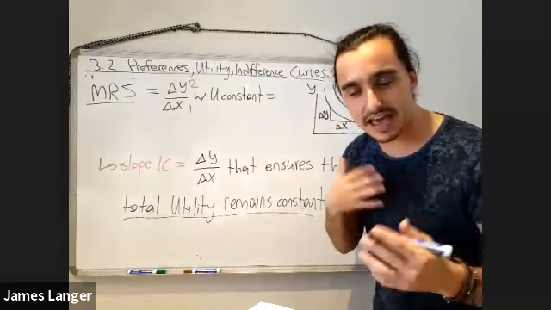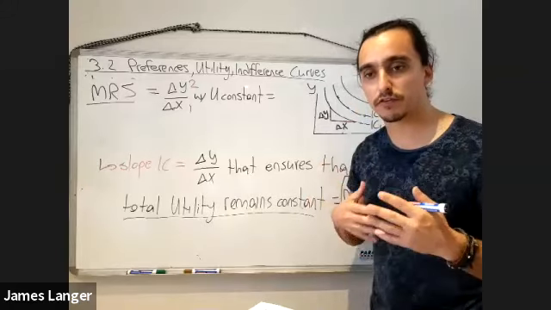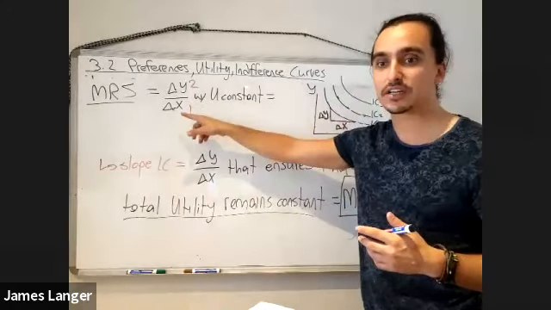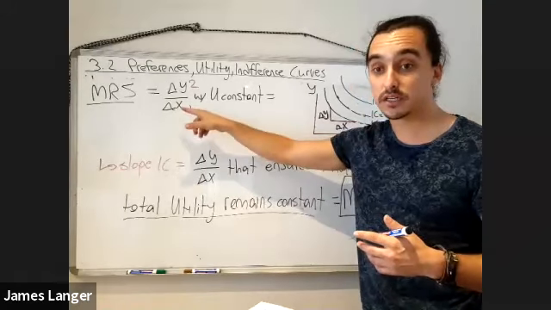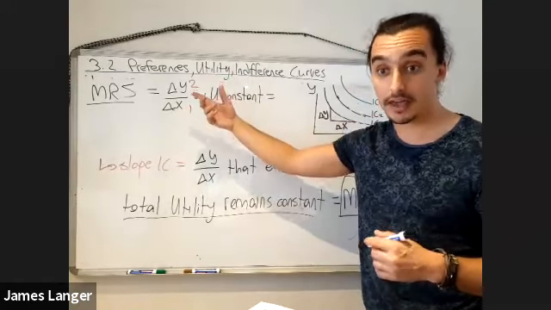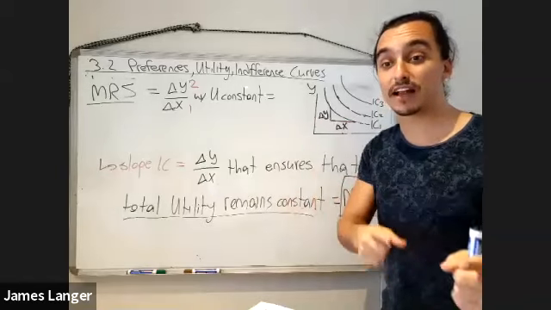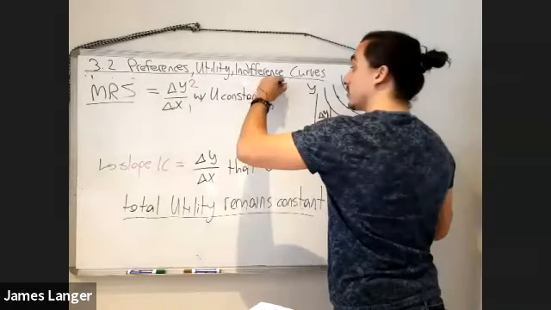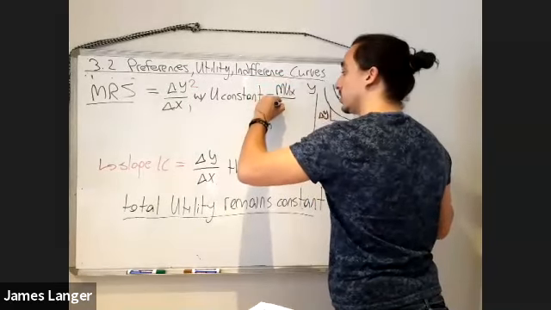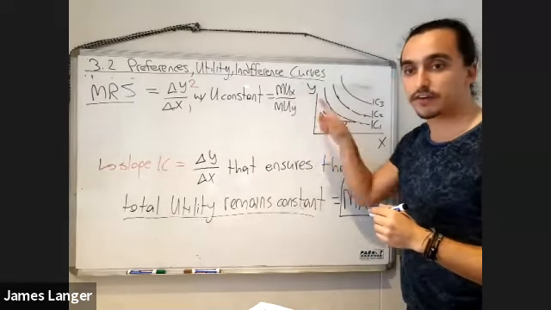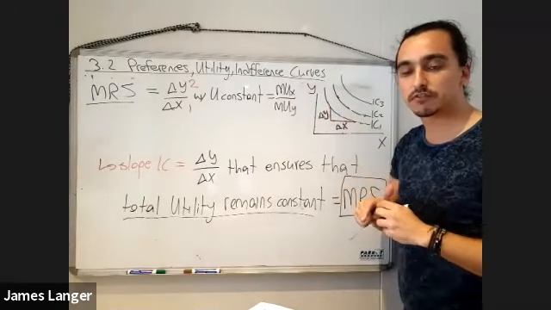Do we understand that? Give me a thumbs up if you guys are following me. So I'm willing to give up 2 for 1 because I value x 2 times the amount that I value y. So this is going to be equal to the marginal utility of x divided by the marginal utility of y.